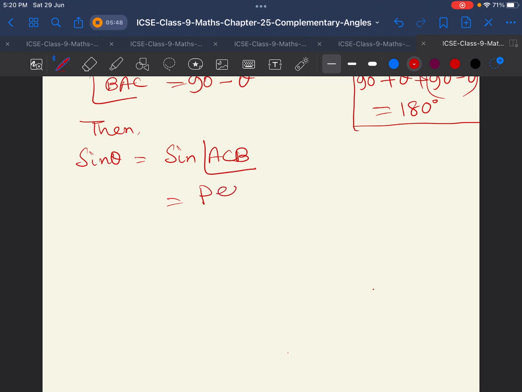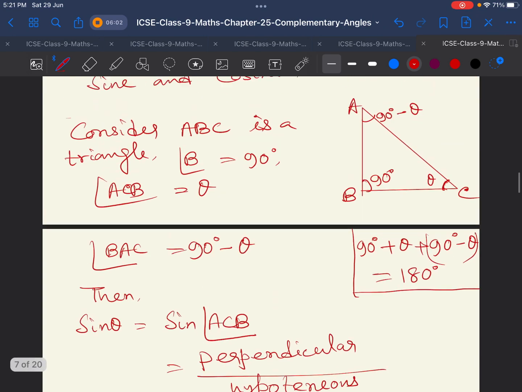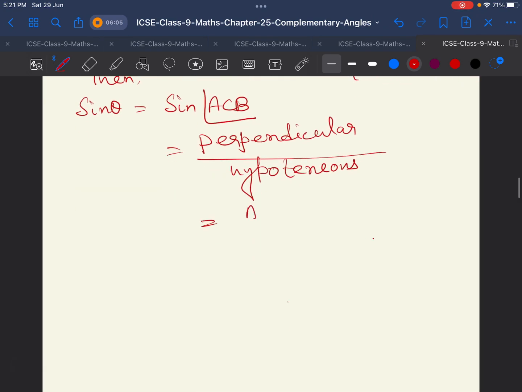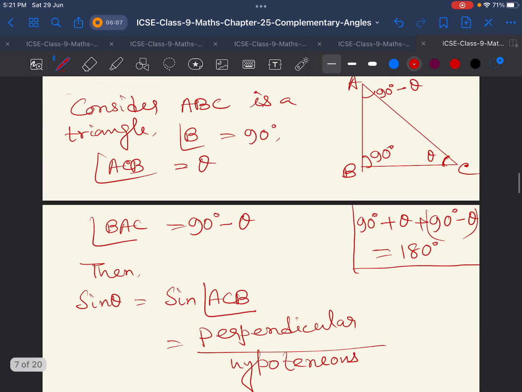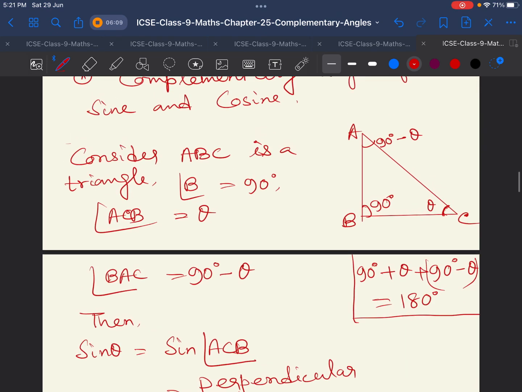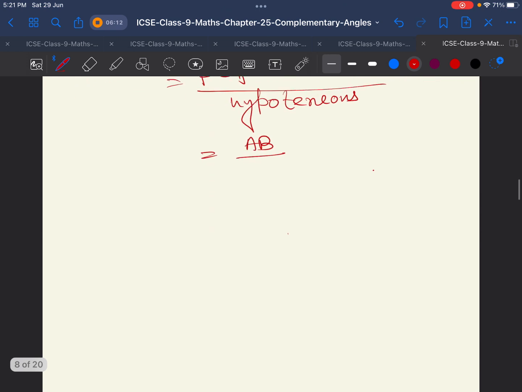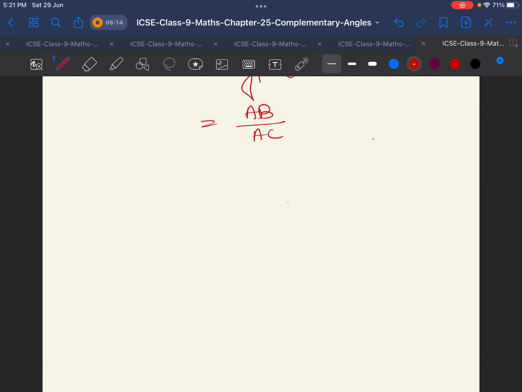So perpendicular is AB and hypotenuse, the side opposite the 90 degree angle, is AC. This is equation 1.